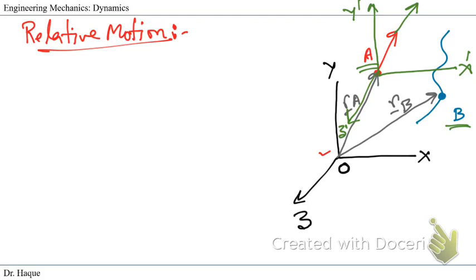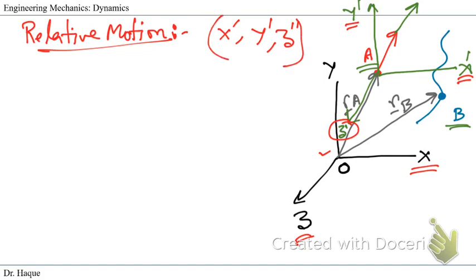Instead of using the original axes, we now have a coordinate system, x prime, y prime, and z prime, that is translating or moving with A. So if A is moving faster, the coordinate system will move with it. The x prime, y prime, z prime system moves with particle A, and the origin remains the same.